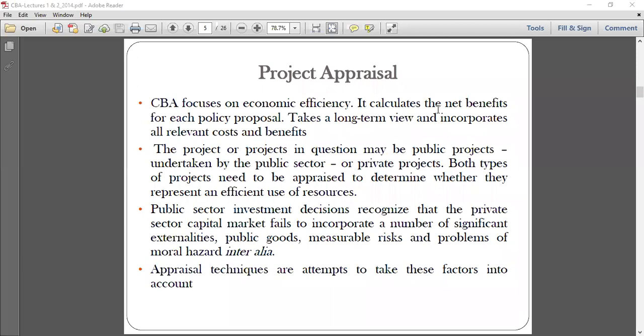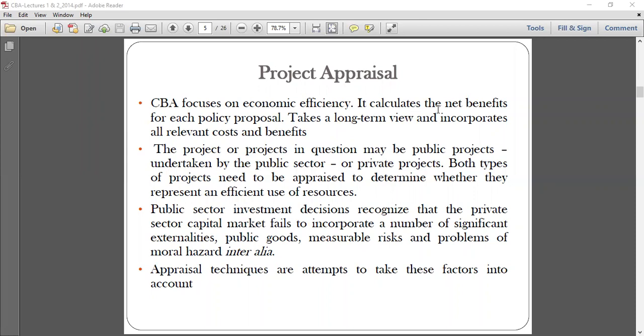And then for private production too, they don't think about externalities. When we talk about externalities, we are talking about spillover effects of economic activities. Let's use this example. We have two people entering into an economic transaction. If there's a spillover effect of this transaction on a third party, that's what we call an externality.